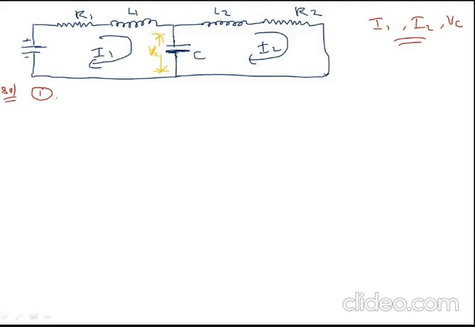If he asks you to assume more variables, then you will get more equations, meaning a 4 by 4 or 5 by 5 matrix. Hence, we are not testing your mathematics. We are testing whether you can convert the given circuit to a state model or not. State model means x dot is equal to Ax plus Bu.